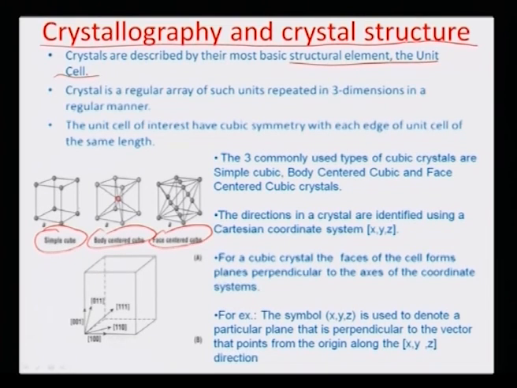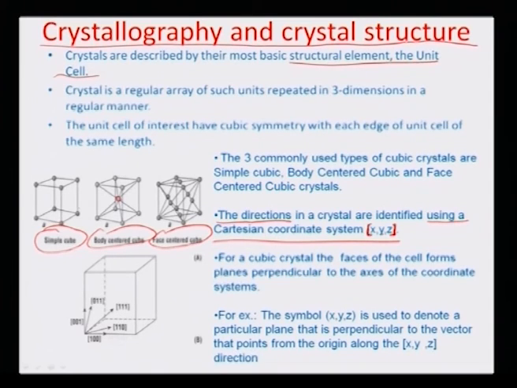just to memorize some of the fundamentals which you may have obtained earlier, the crystals are represented by directions, and they are identified using a Cartesian coordinate system. And the square bracket here is indicative of the direction in which the crystal would grow.